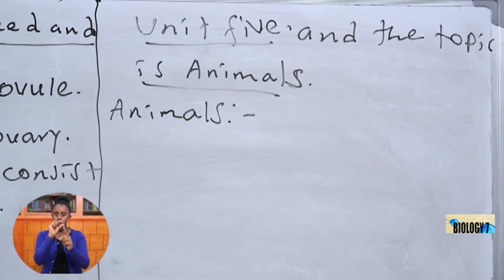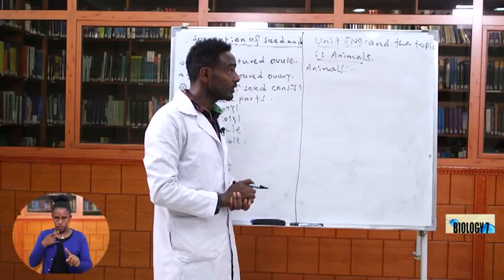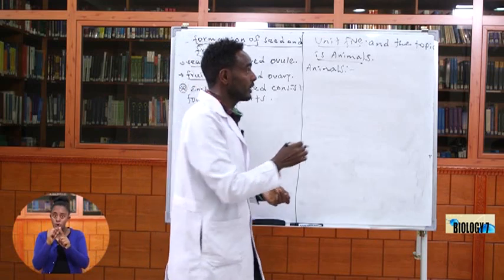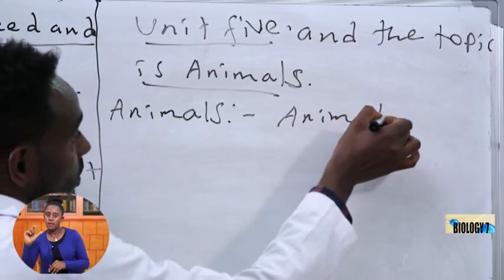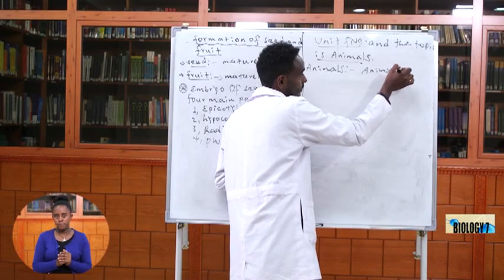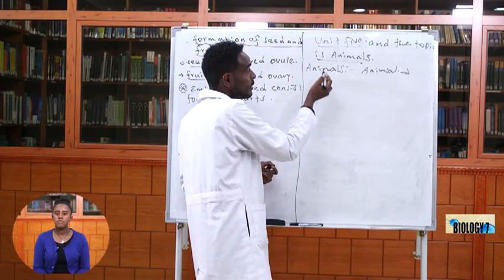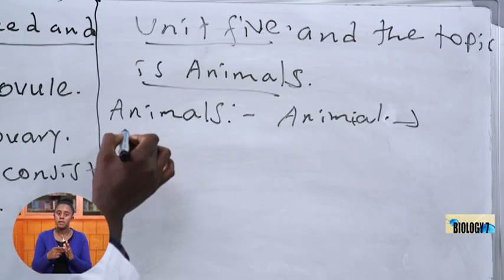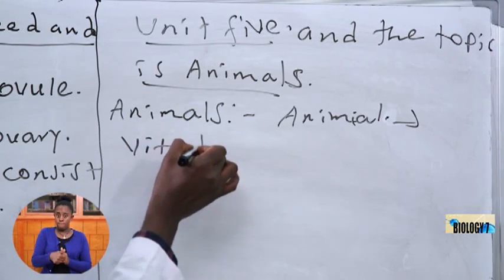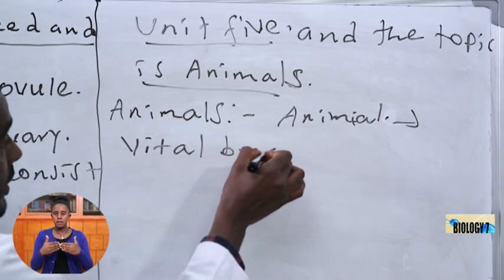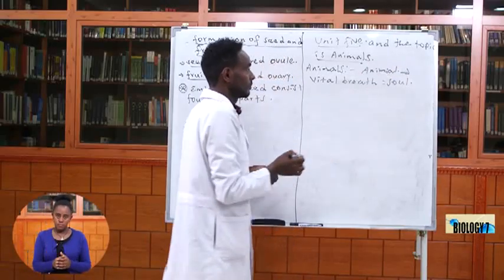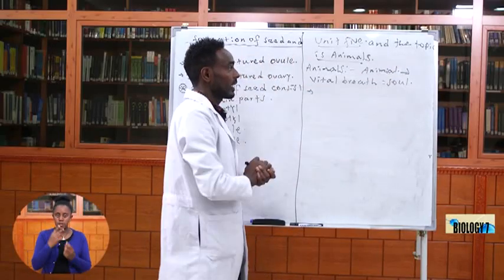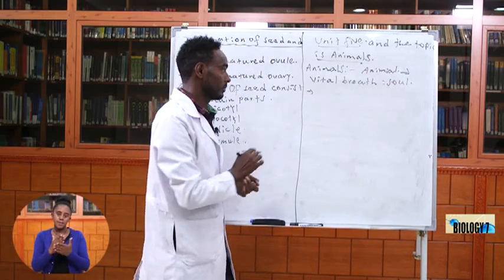The word animal is derived from a Latin word, animalia. Animal means a vital breath, or soul.